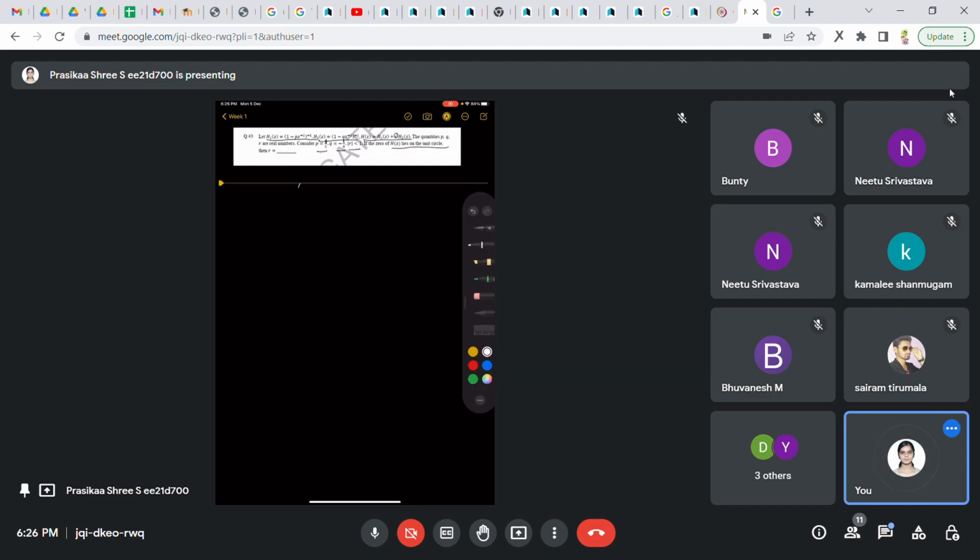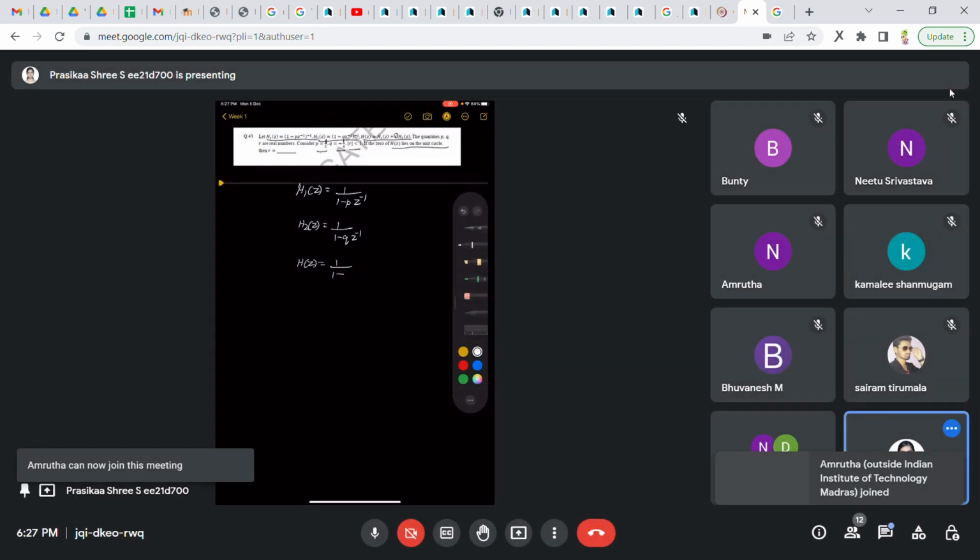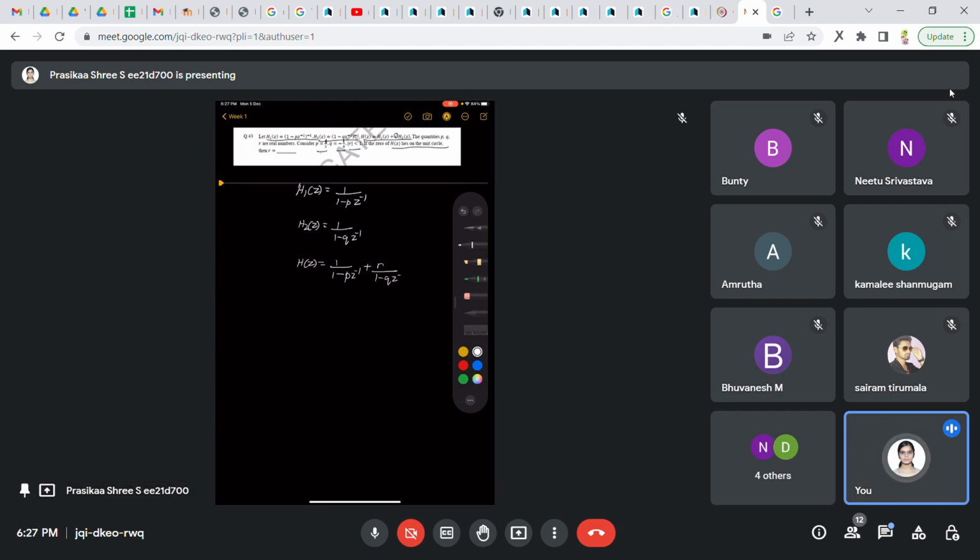So what they told is h1 of z is equal to 1 by 1 minus p z inverse. h2 of z is equal to 1 by 1 minus q z inverse. h of z is equal to h1 of z plus r by 1 minus q z inverse.